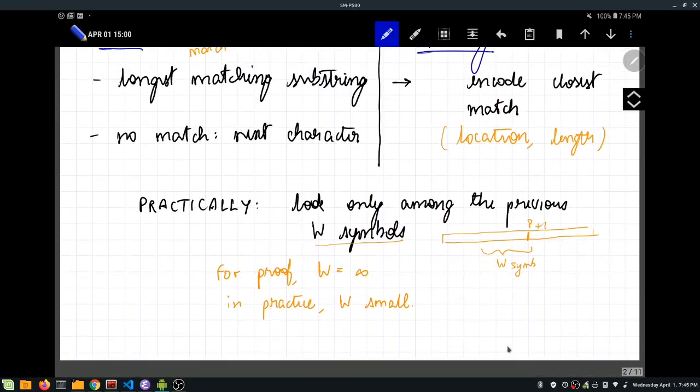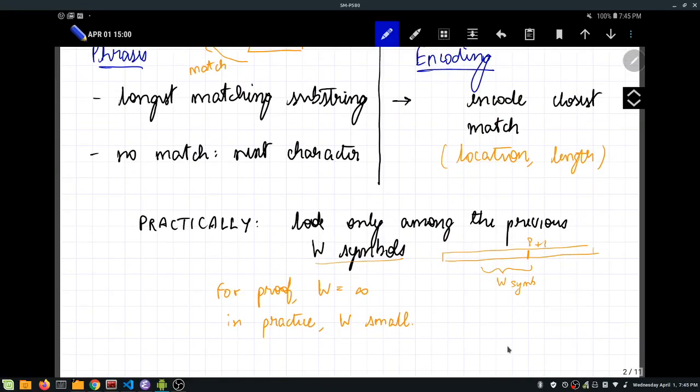So basically, the encoded file is going to be a sequence of pairs of numbers, the location and the length. So this is going to be a pair of integers essentially.